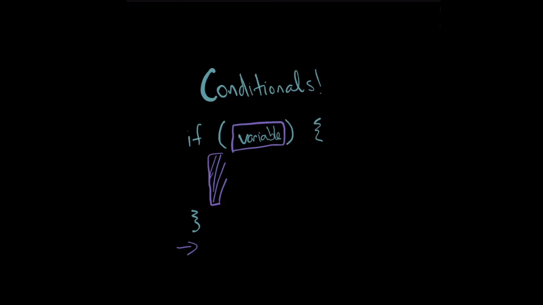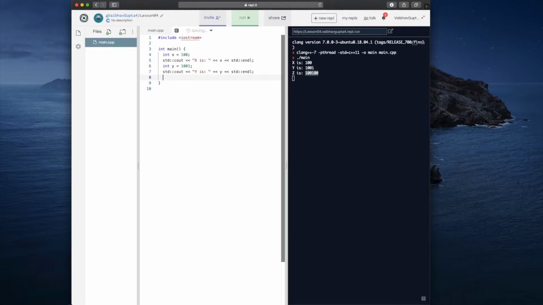Let's go ahead and go back to our REPL and update our code so we can leverage the concept of conditionals. For example, I might create a bool is x smaller, which is equal to x is less than y. So is x smaller will be true if x is less than y. Similarly, I could have another one that's is y smaller, which is equal to y is less than x.